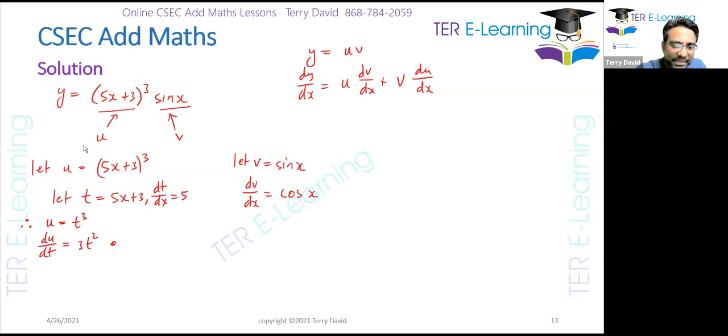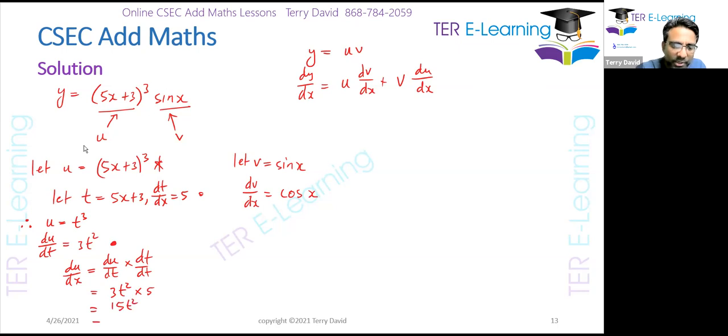So now I'm going to use this information to work out the differential of this. du/dx, which is what you're trying to find originally, is equal to du/dt multiplied by dt/dx. du/dt is 3t squared, so this is 3t squared multiplied by 5, which is 15t squared.